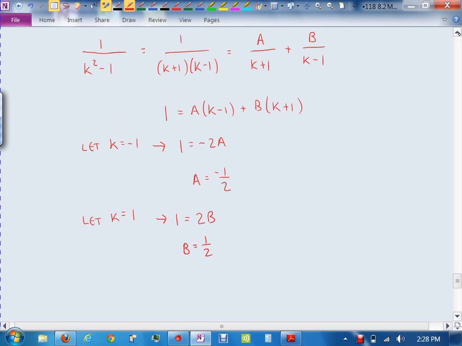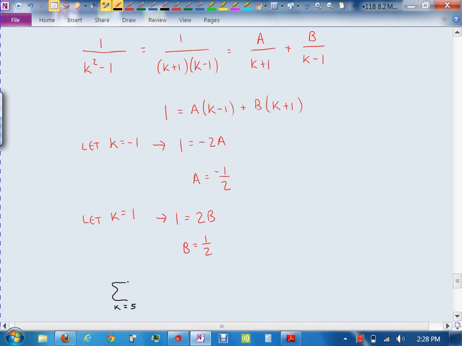So the original problem becomes this. I'm trying to find the sum k equals 5 to infinity of a over k plus 1, right?